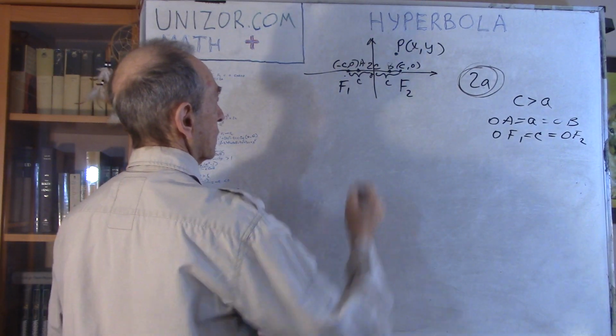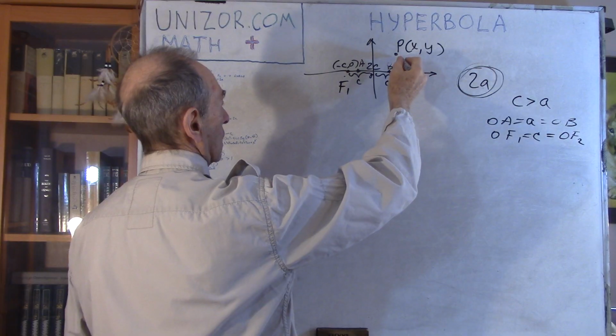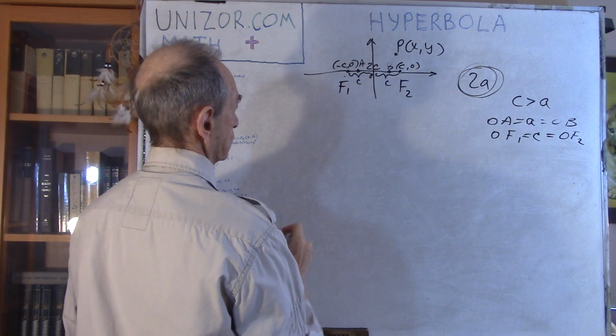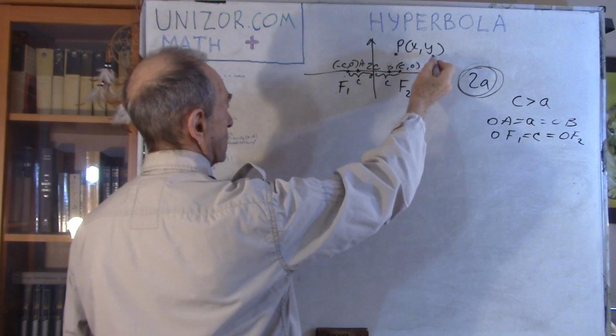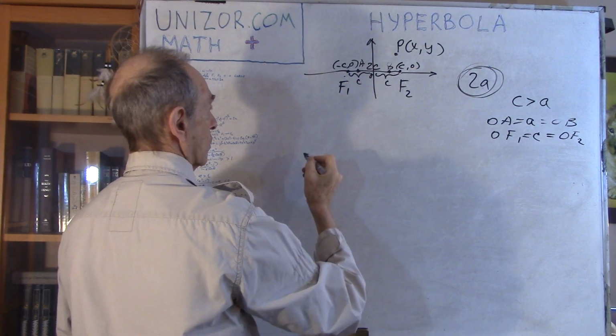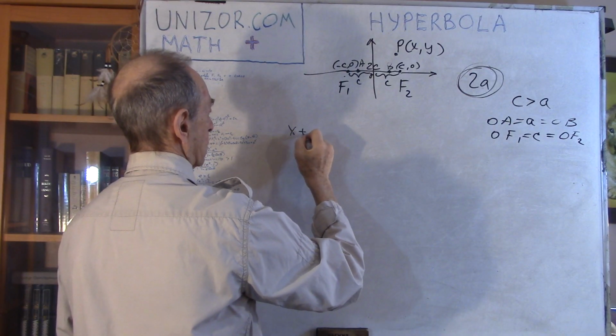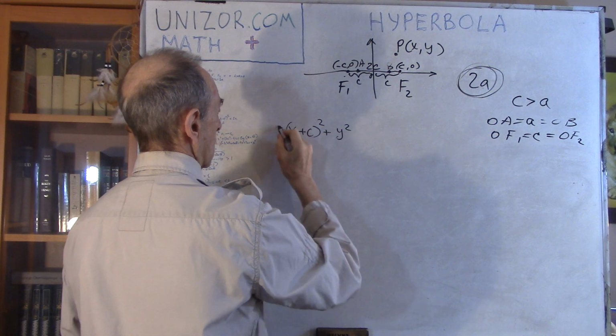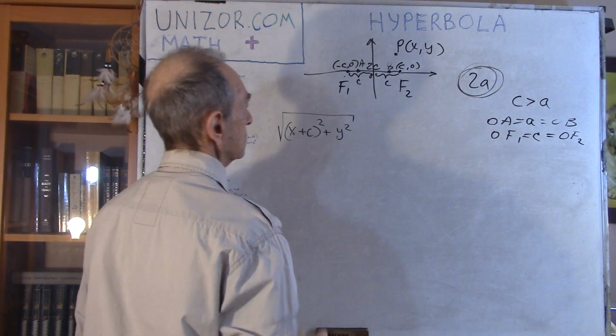So the distance from P to F1. What is this distance? Well, coordinates of this point are x, y, coordinates of this point are minus c, 0. So it would be the square root of (x plus c) squared plus y squared, right?